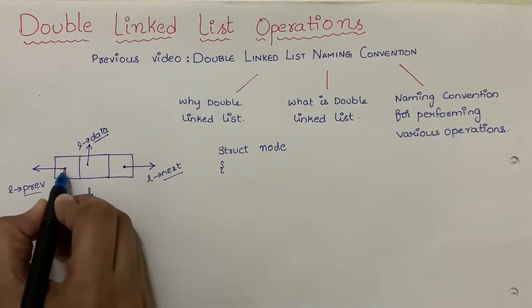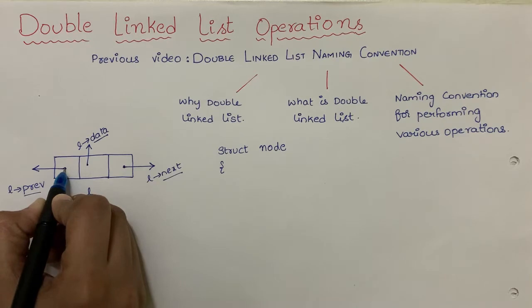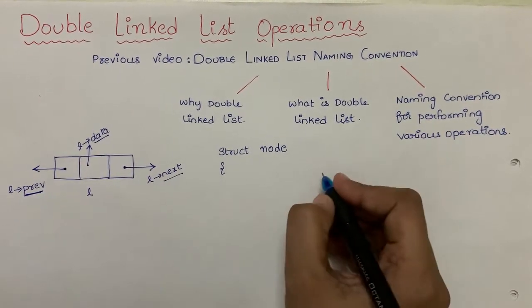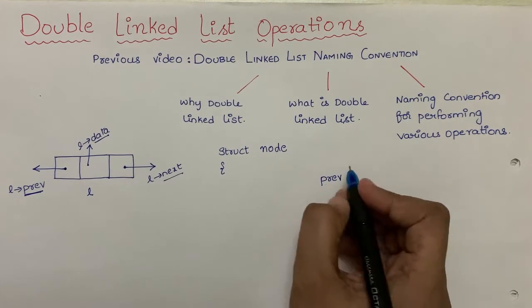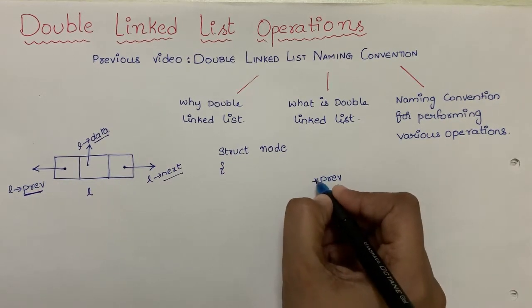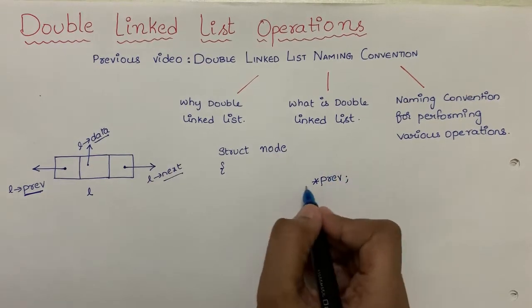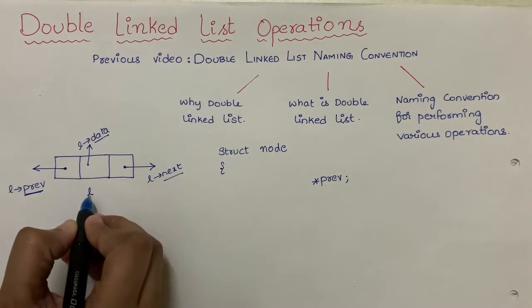The first field stores the address of the previous node. That means this is a pointer. So we will name it previous. As it stores an address, it is declared as a pointer. And what should be the return type of this previous node, I mean this first field of this node L?